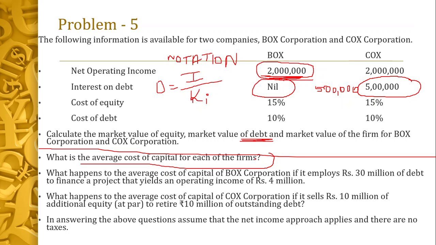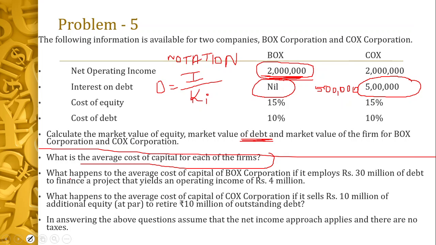It stands at 15% and 10% each. Now, in the last they have given the entire problem. When you work it out, you will have to assume that it would be calculated under net income approach and there is no tax. Except for that, we have two different questions here.